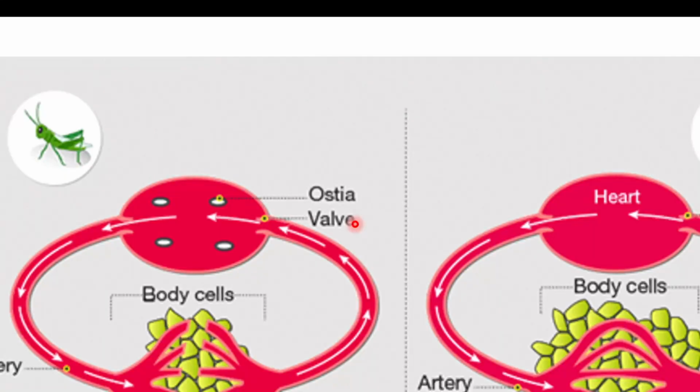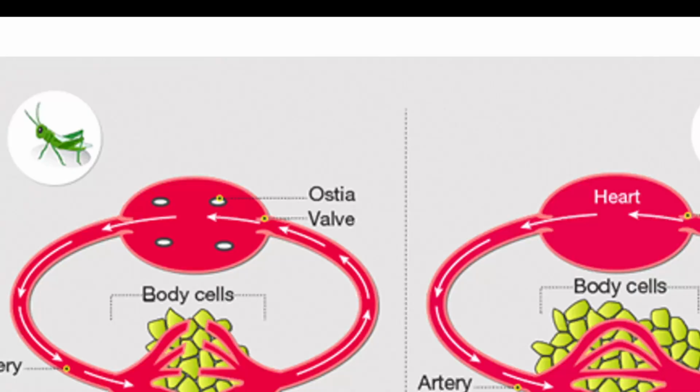Now let us understand the two major kinds of circulatory system: open and closed. What is the difference between them? In an open circulatory system, the blood is pumped into what is known as the hemocoel, with the blood diffusing back to the circulatory system between the cells.